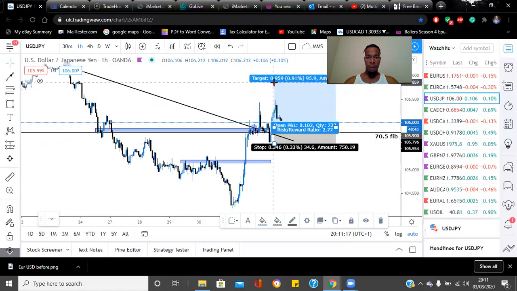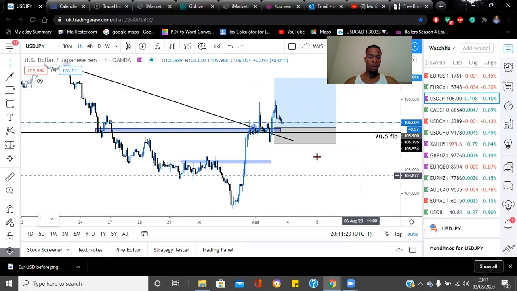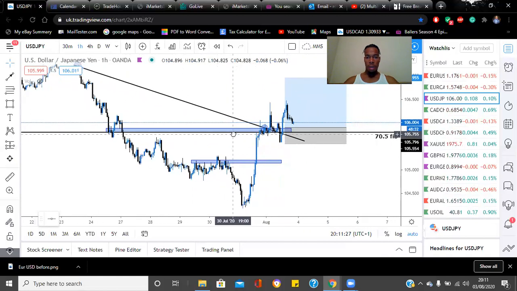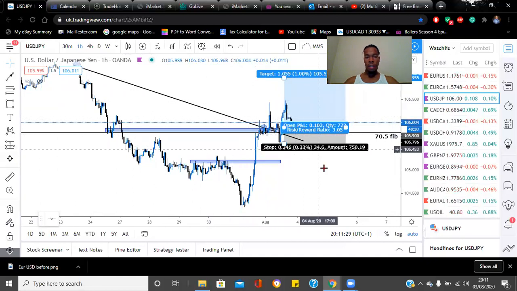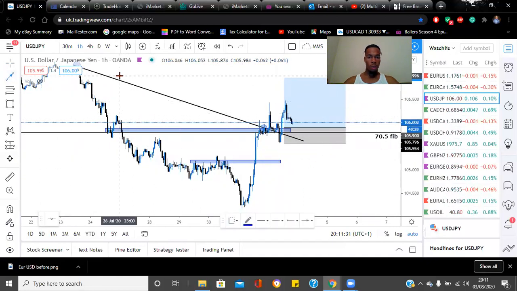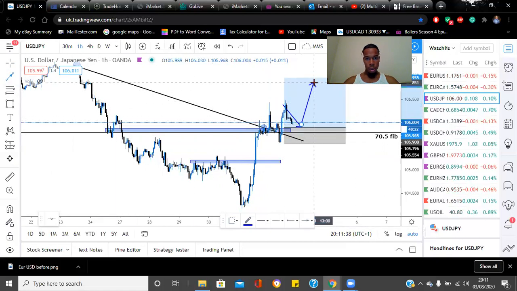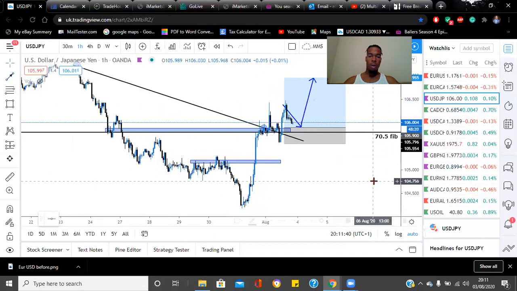And if you're making it 34 pips, then to make it 1 to 3, you would need to go for about 105 pips. And this looks like it's retracing as well, so it will probably come back down here, then go up there, and we use fib to get that entry as well.